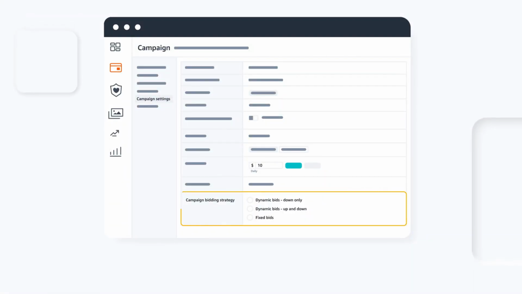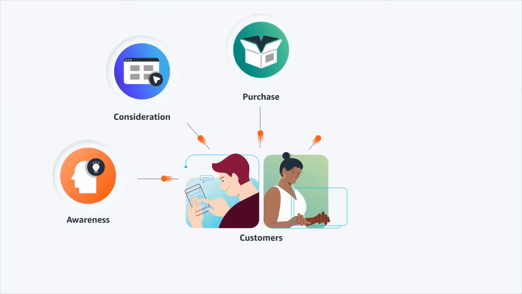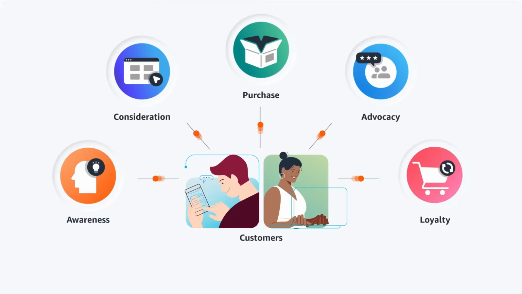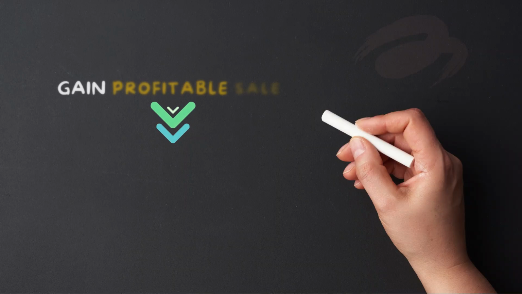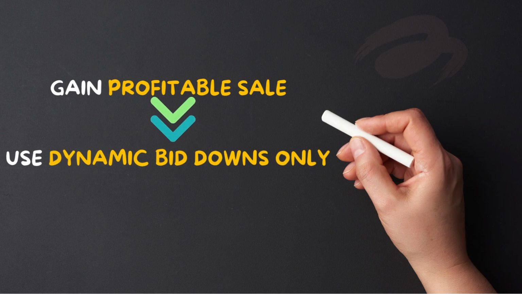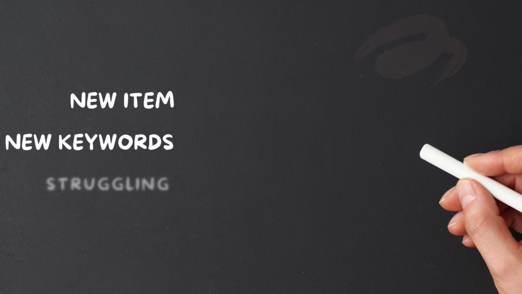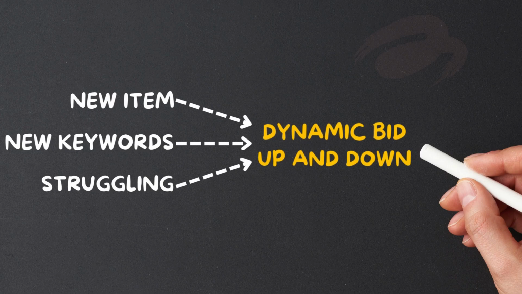These three Amazon PPC bidding strategies will help you grab customer attention at different stages of the marketing funnel. For example, whenever you want to gain profitable sales, you can use dynamic bids down only. When the item is new, the keywords are new, and you are struggling to get impressions and clicks, you can go with dynamic bids up and down.